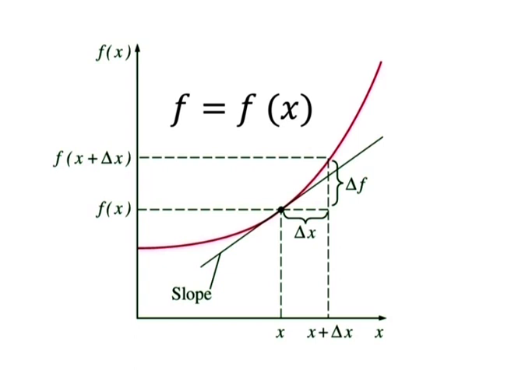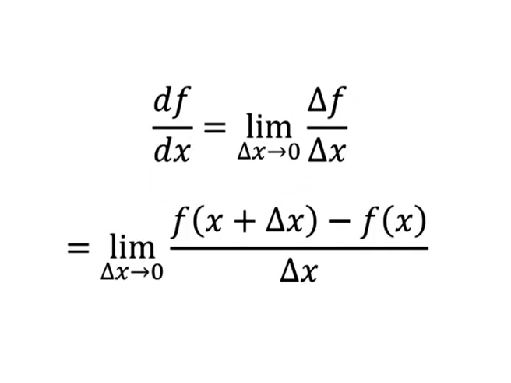The steepness of a curve at a point is measured by the slope of a line tangent to the curve at that point, and it is equivalent to the derivative of the function at that point, defined as df/dx = limit as delta x approaches 0 of delta f divided by delta x, which equals limit as delta x approaches 0 of [f(x + delta x) - f(x)] divided by delta x.